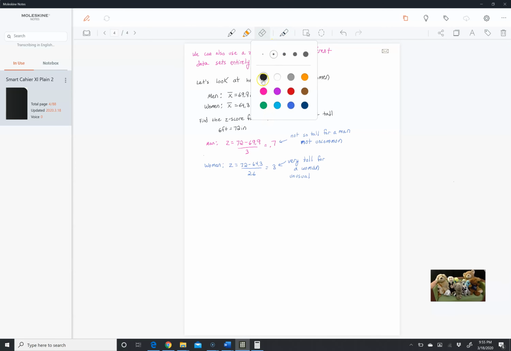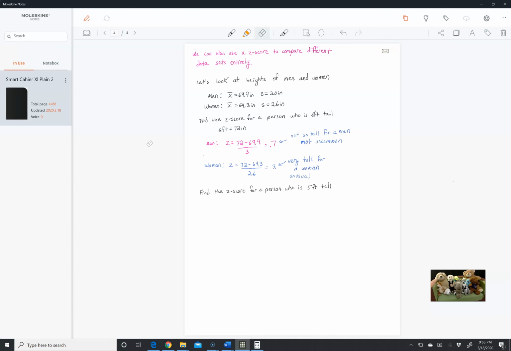Now, let's take a look at this z-score for someone who's 5 feet tall. And I'm sure that you're all already making your predictions. So 5 feet is equivalent to 60 inches. So let's first do our calculations for a man.